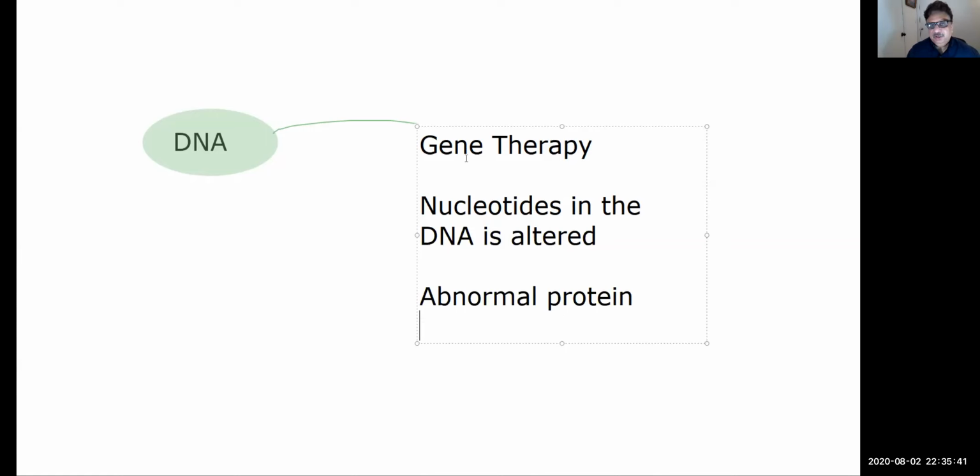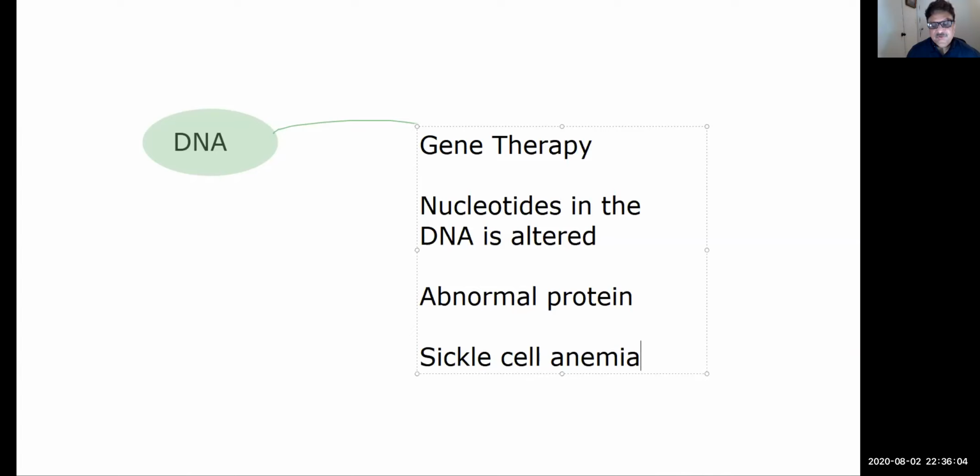For example, in sickle cell anemia, a single nucleotide change disrupts the structure of hemoglobin that we discussed in proteomics, and hemoglobin cannot perform its function. A sickle type hemoglobin cannot deliver oxygen and carbon dioxide efficiently.